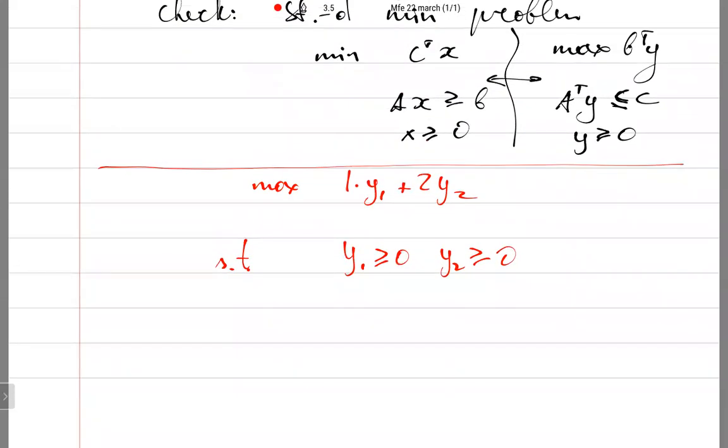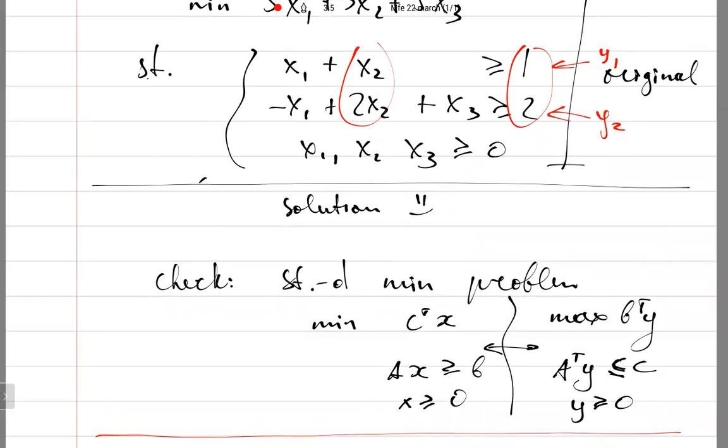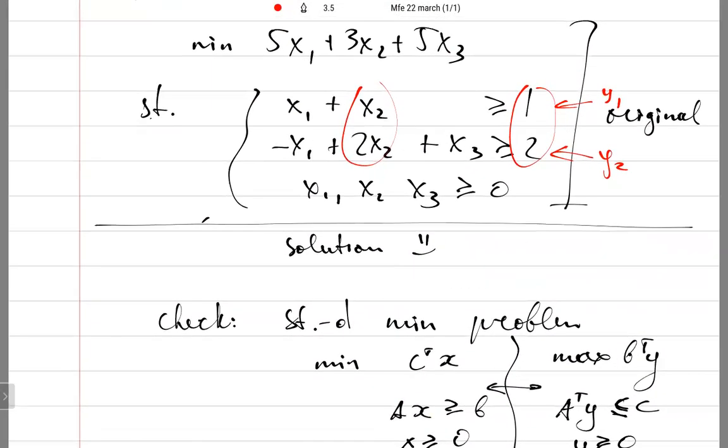Let me move on to the next page because it's the end of the page. It's better to start with a lot of space. So I will just copy all I have invented: 5, 3, 5, then 1, 1, 0, minus 1, 2, 1, and the right-hand side is 1, 2.